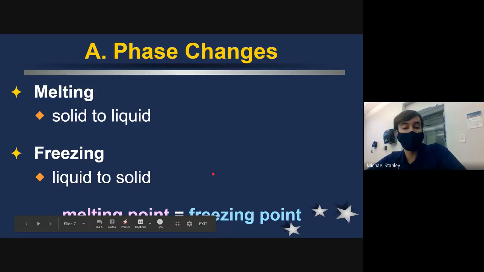Or if it gets colder than that temperature, it'll start to freeze and turn into a solid. So does anybody know in either Fahrenheit or Celsius what the melting or freezing point of water is?